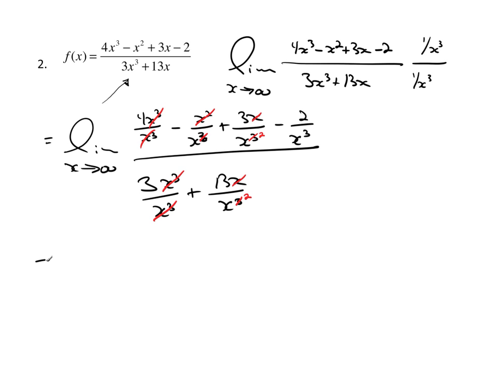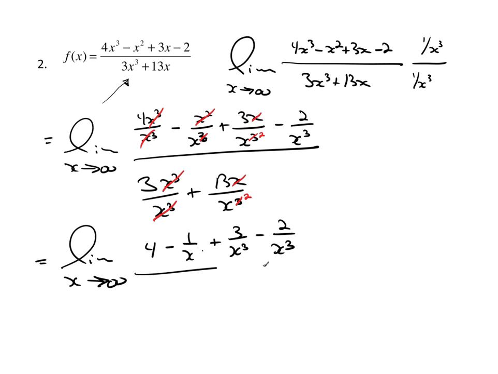So now what I have is a limit as x goes to infinity of 4 minus 1 over x plus 3 over x squared minus 2 over x cubed, that's my numerator.